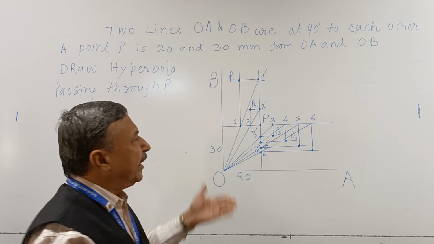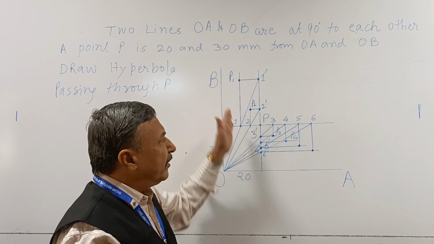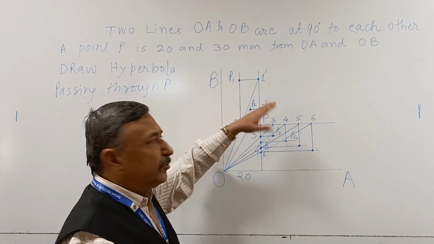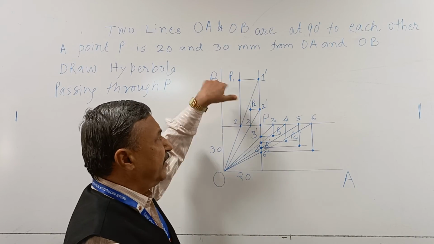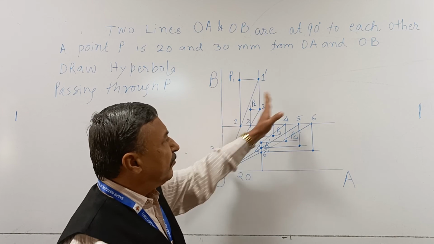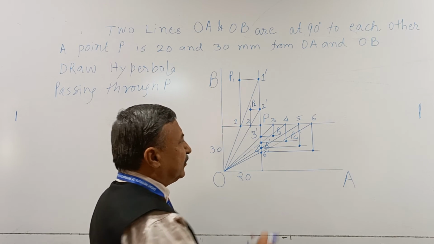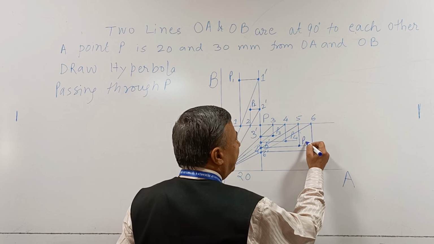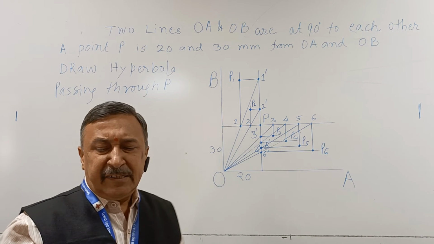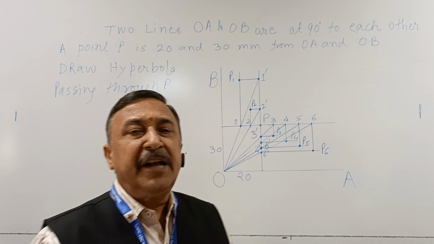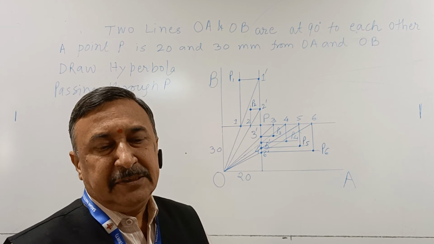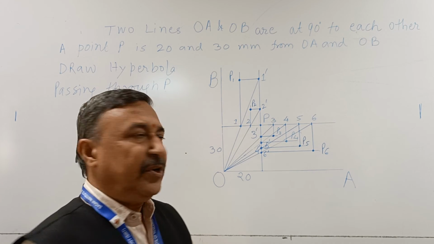If we want, we can draw all these similar lines at a time, such that through 1 dash, 2 dash, 3 dash, 4 dash horizontal lines, and through 1, 2, 3, 4, 5 vertical lines. So this gives us points P5 and P6. These are the points required for completing our hyperbola. Now I am going to complete the hyperbola.